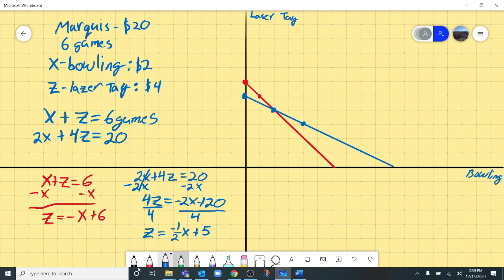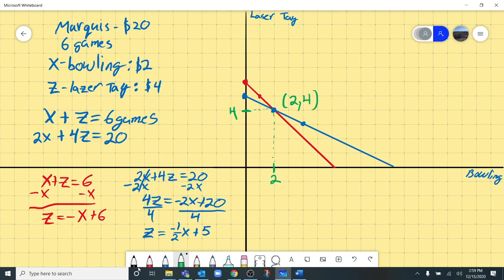Now we just need to figure out what this intersection is. This is at x equals 2 and z equals 4. So I'm going to take this across and this up. X equals 2, z equals 4. That's my ordered pair. And again, what does that mean?